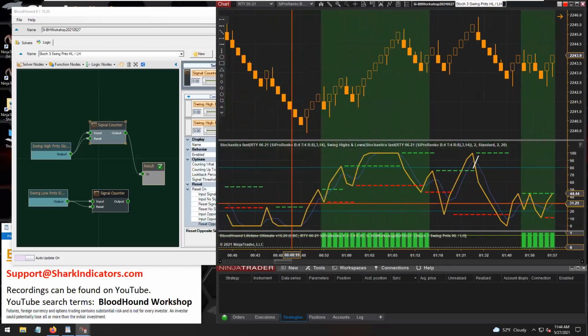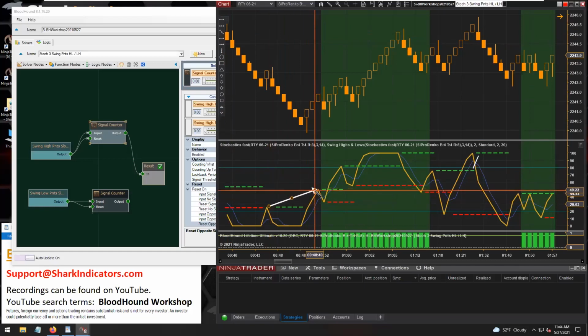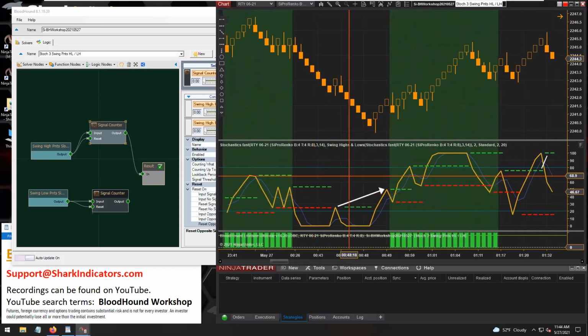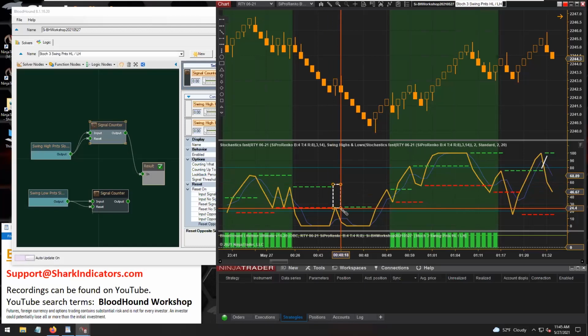Now, of course, back here, everything's great. We have first swing high, second swing high. Well, actually, no, we're getting the signal right there. Again, we're encountering this problem where there are two bars right here where there's no swing high plot line.